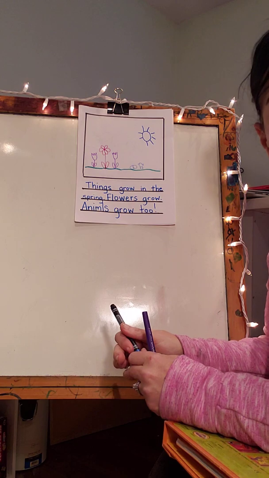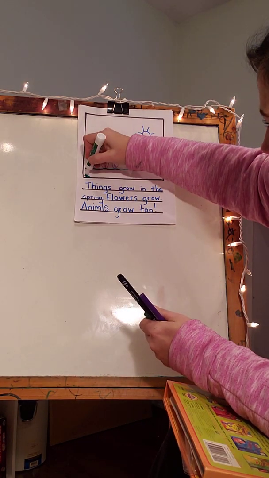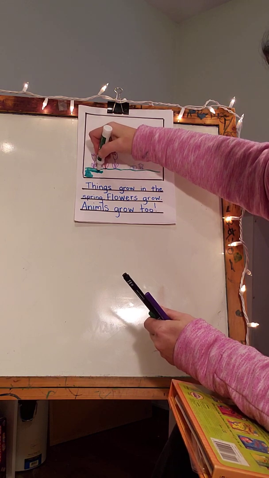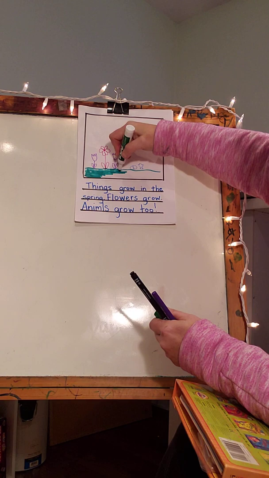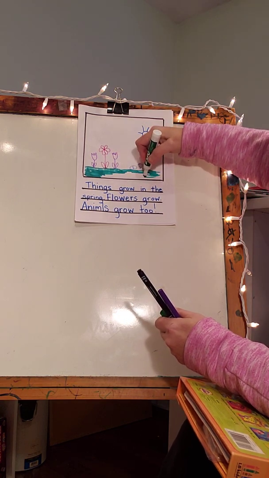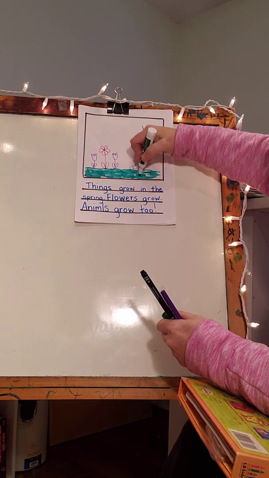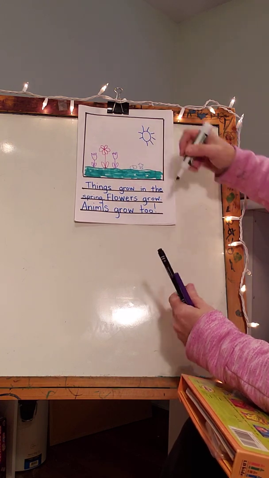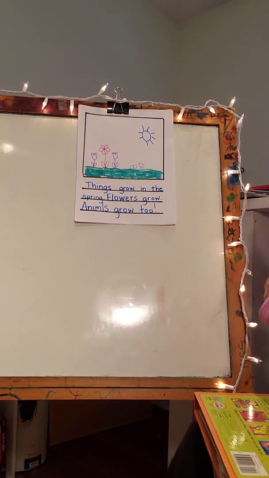Well, that's a little bit better than what I had before. And I can color in the grass because grass grows in the spring too. That looks a lot better than what I had at first.